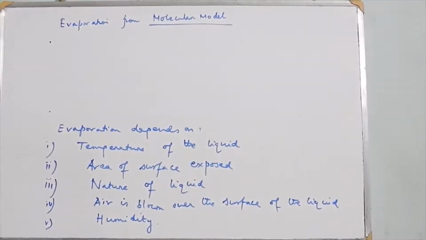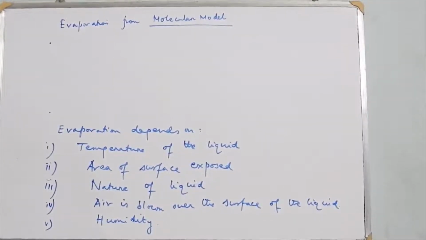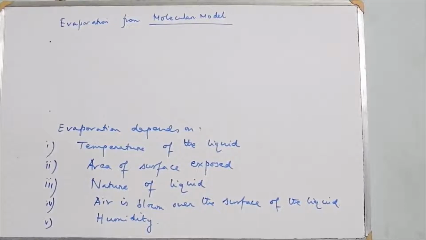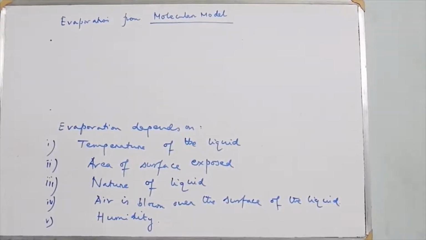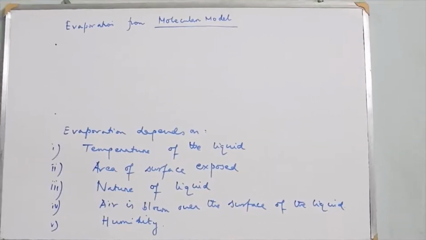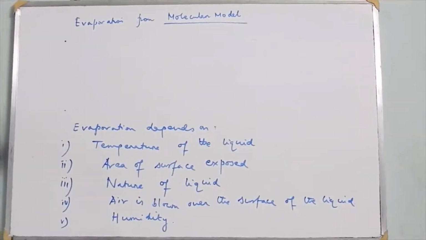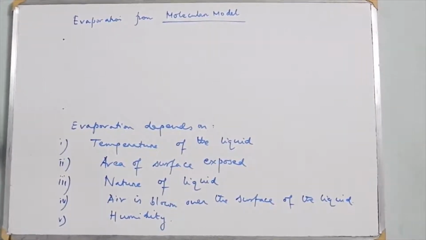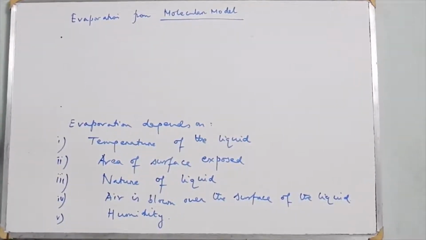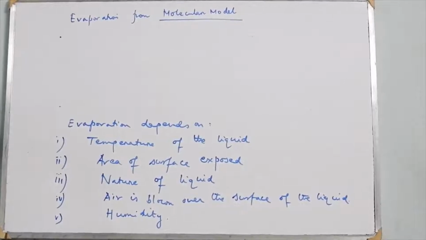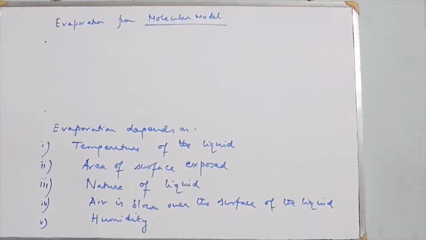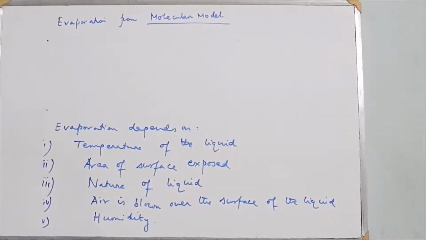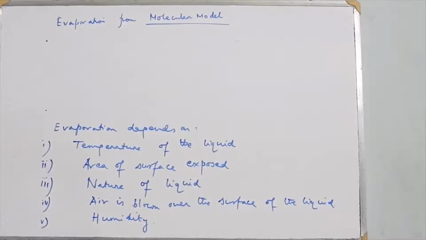After gaining kinetic energy, they can overcome the force of intermolecular attraction, and this will increase the intermolecular spacing, so those molecules will move to the surface of the liquid. They will absorb some amount of heat from the surroundings and escape out to the atmosphere. So the molecular model can also be used to describe the process of evaporation.